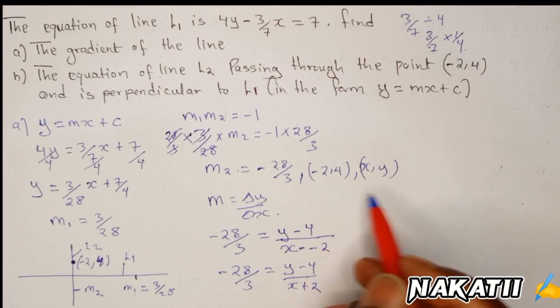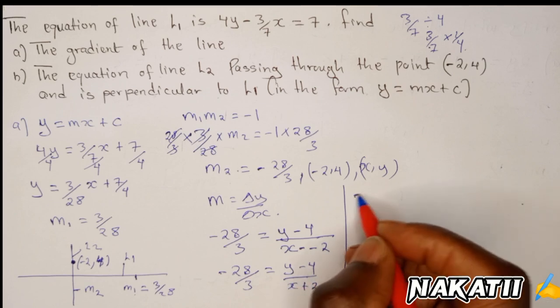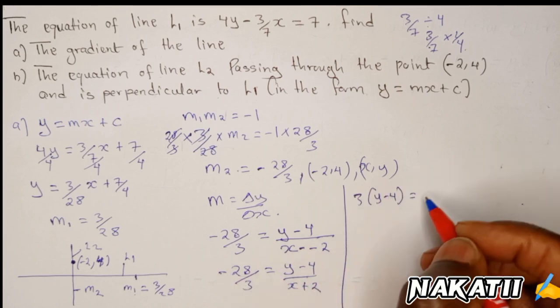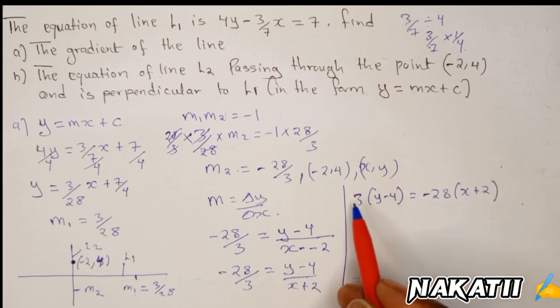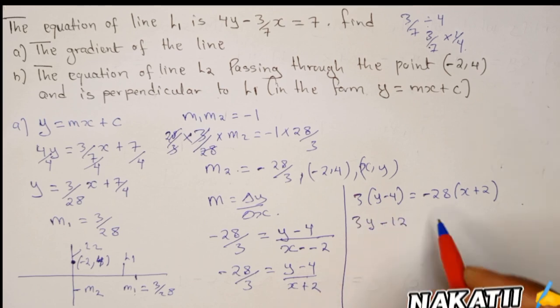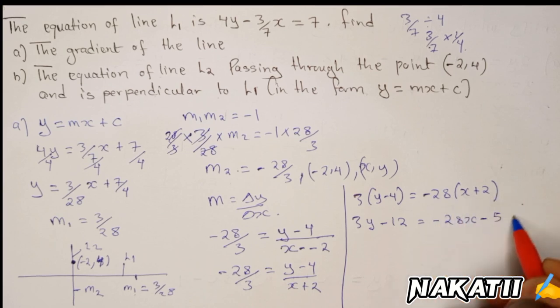So you can simplify this one by cross multiplying. You multiply 3 with y minus 4, and it is equal to negative 28 multiplied by x plus 2. If you open the bracket, this will be 3y minus 12 is equal to negative 28x minus 56.